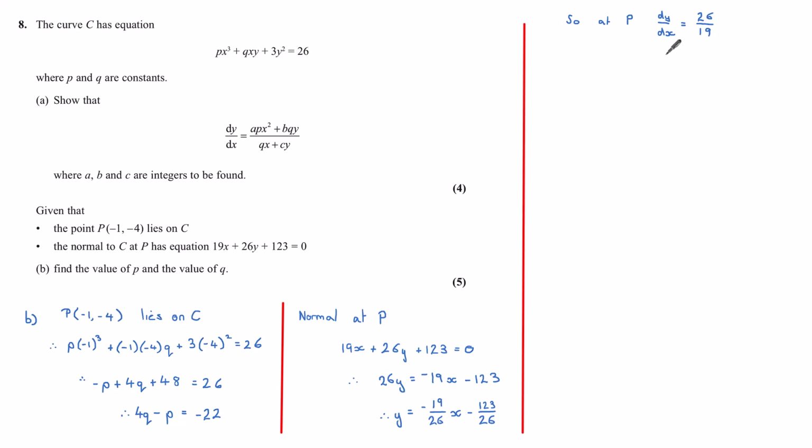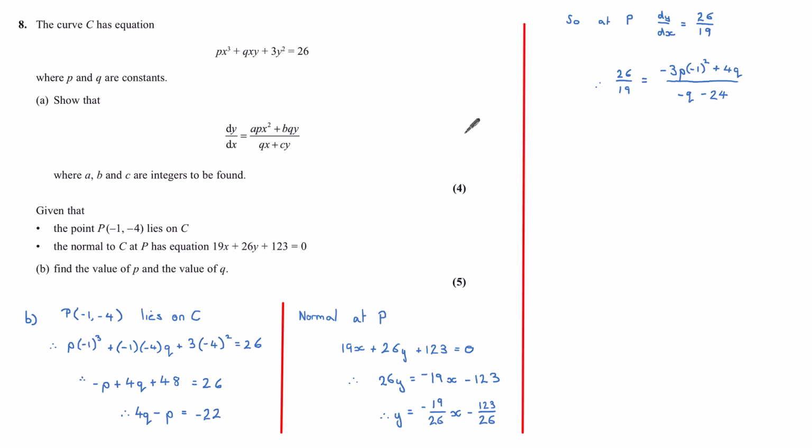Now I know my gradient, I can put that into the equation I found in part A. Substituting my gradient of 26 over 19, that's equal to negative 3p times x squared. Remember, the point that we are using is the point P, so x is equal to minus 1 and y is equal to minus 4.